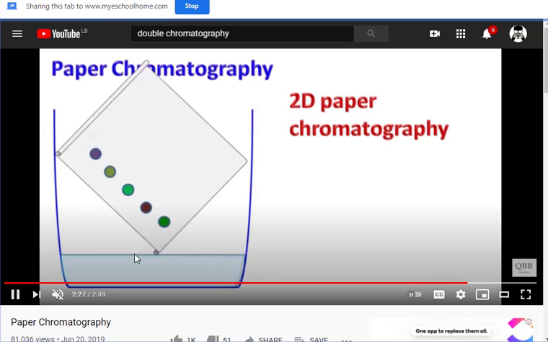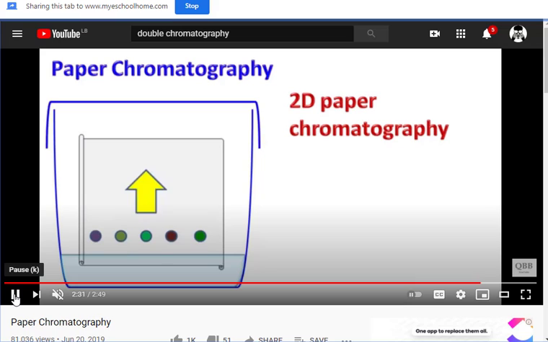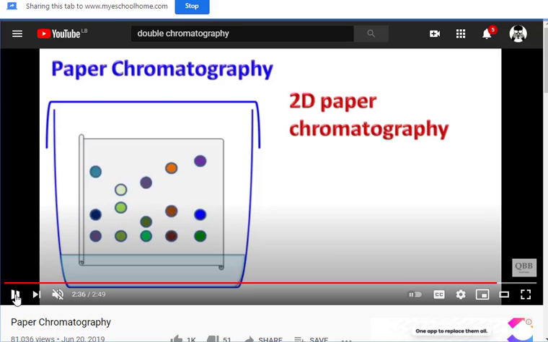Then I turn the paper. If there are any 2 at the same point, they will separate. Look, at the first point I found 3, and here 3, 3, 3, 3 in each. But now each one of them moved to a different distance.